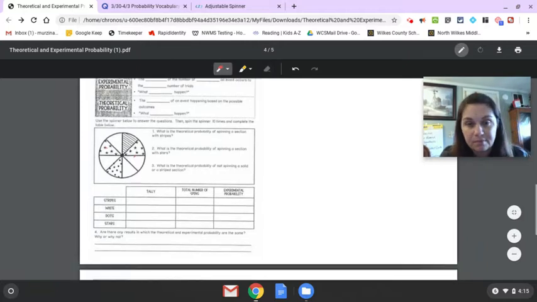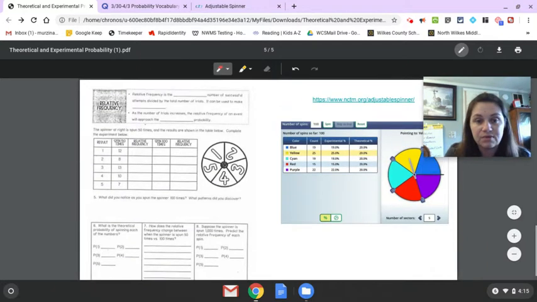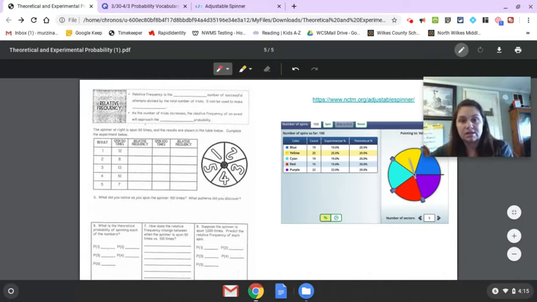Okay? And then the last page of notes for this one is talking about relative frequency. So for your little boxes up here at the top for your vocabulary, relative frequency is the total number of successful attempts divided by the total number of trials.